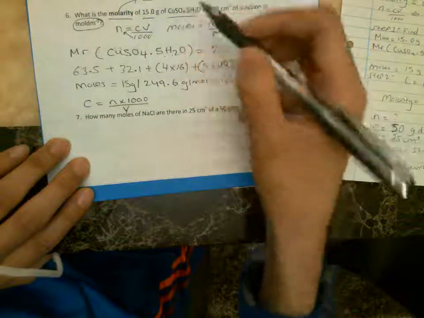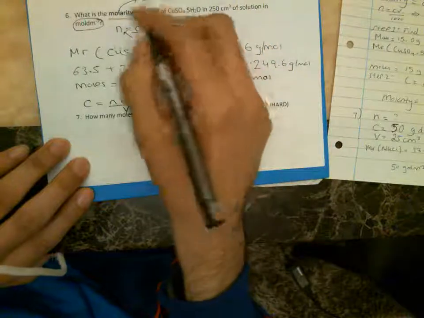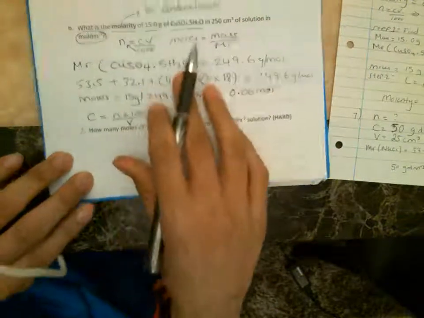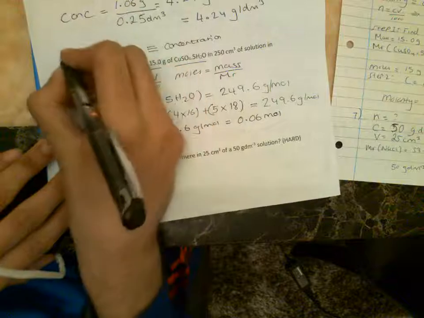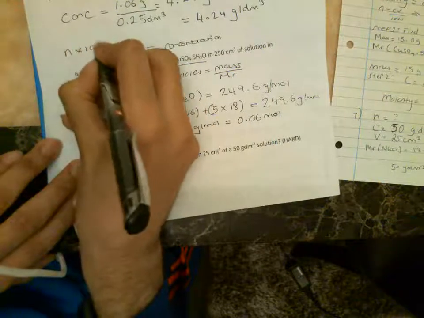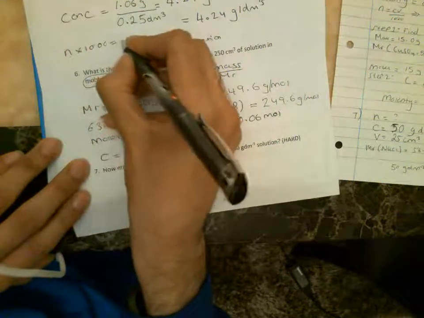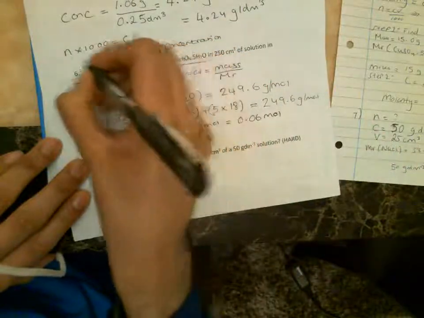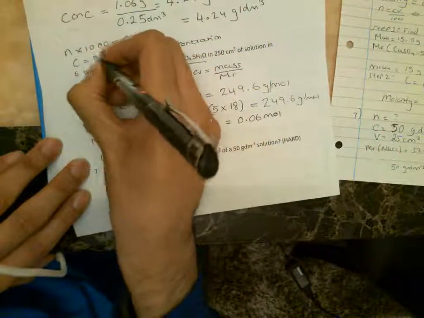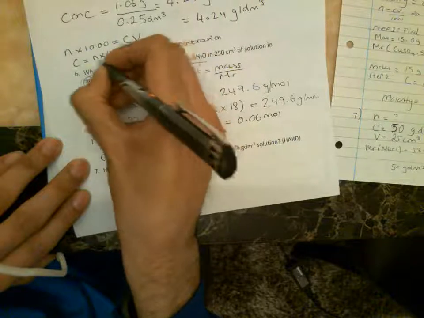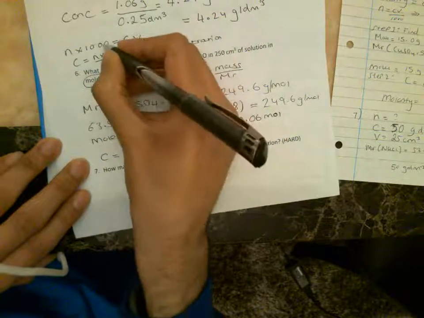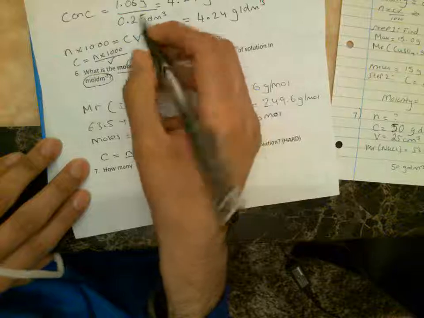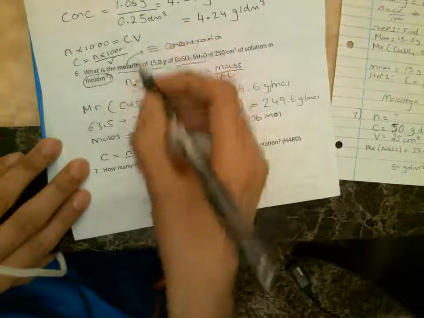So I would have ended up with N times 1,000 equal to CV. And then what I would have done is made C equal to N times 1,000 divided by V. So I've just taken this V over here, divided it, and what we've ended up with is C by itself.